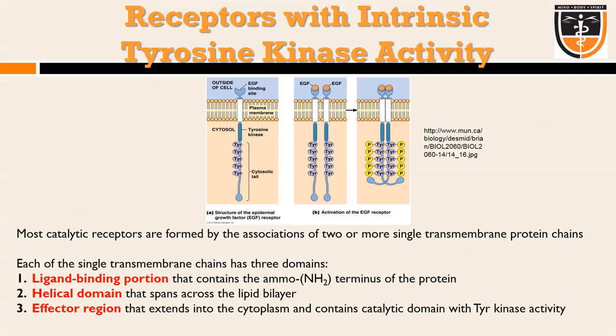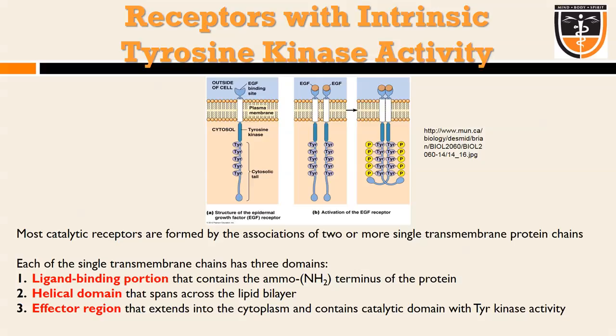So how does this happen? Most catalytic receptors are formed by association of 2 or more of these single transmembrane protein chains. Usually it's 2. Two single transmembrane chains will bind to the ligand and to each other. That's the process of activation. Again, each of these single transmembrane chains will contain 3 domains.